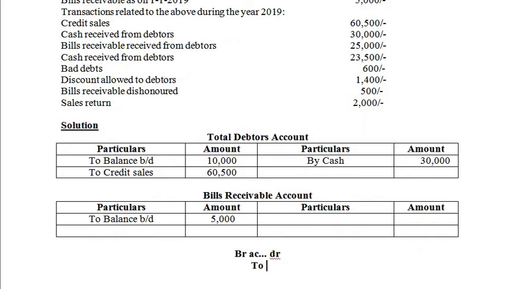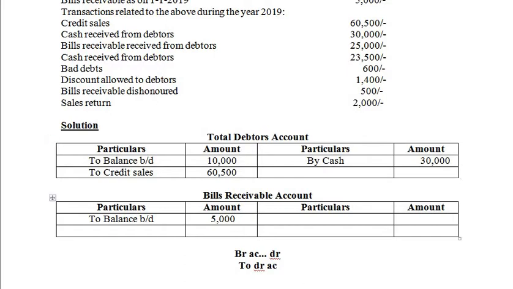Bills receivable account debit to debtors account. Okay, so first is bills receivable account debit, because it is bills receivable received from debtors. So it will be bills receivable account debit to debtors account.